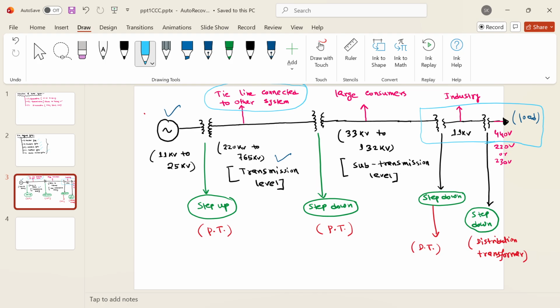If tie lines are interconnected in nature at the transmission level, there are many advantages. For example, there can be a shortage of power in one grid, so you can borrow power from another grid. You can operate your regional grids at minimum cost and all.